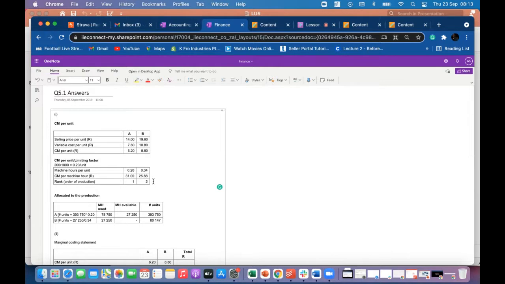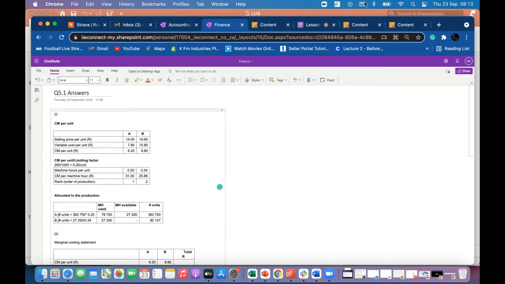How are we getting that? We're taking this 6.20, and I believe we're then dividing it by the 0.20.